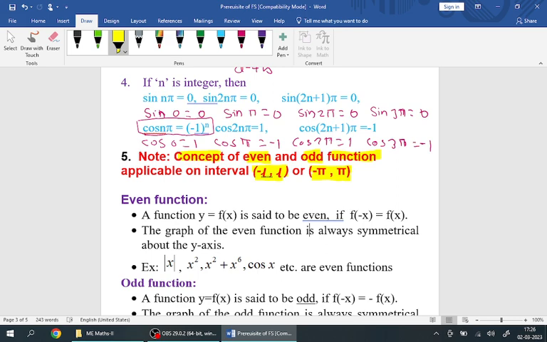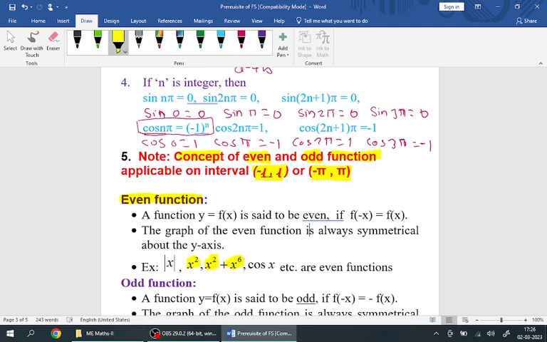But what is an even function and an odd function? Yes, that you should know. The even function is a function where only even powers of x appear. So x square is there, x square plus x raised to 6 is there. Whenever only even powers of x appear in the equation, we say that is an even function.